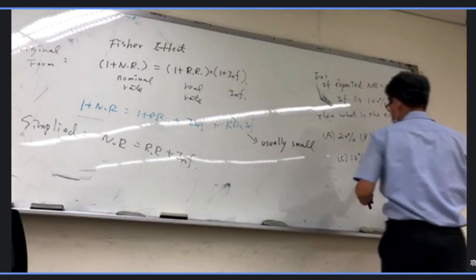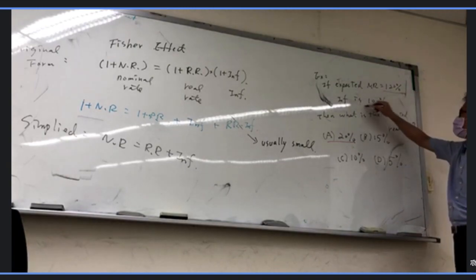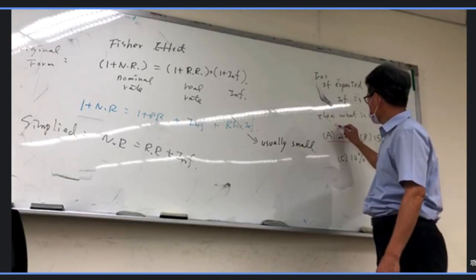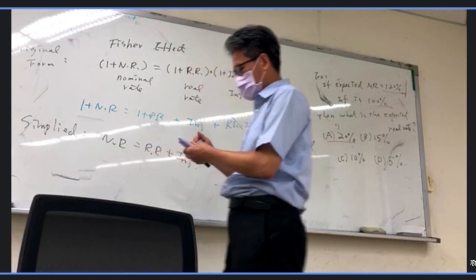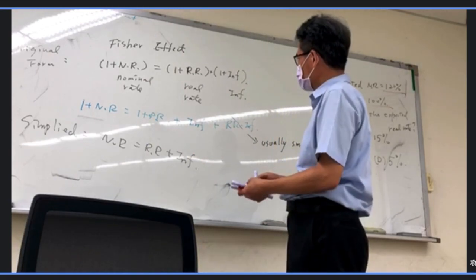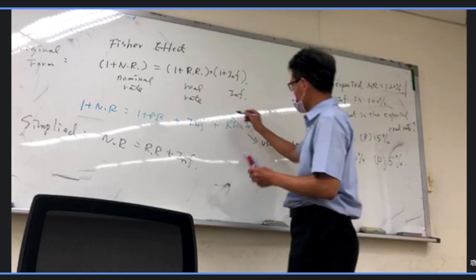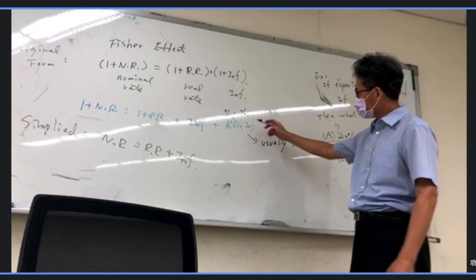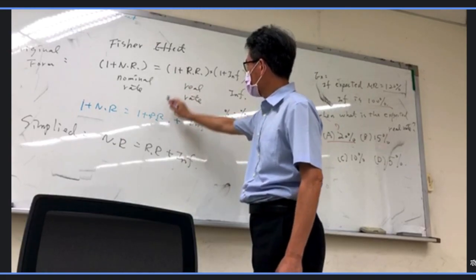Usually people choose 20% because 120 subtract 100, right? But look at the equation. We said if it's usually small because the term is percentage times percentage, it is small. But there is a 100%. We don't want to use it. We want to use the original form.